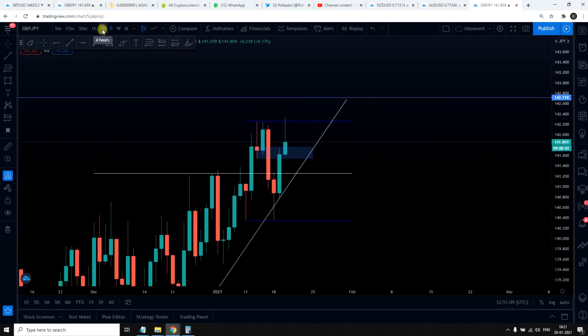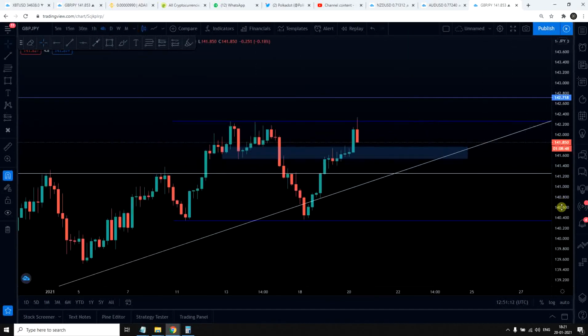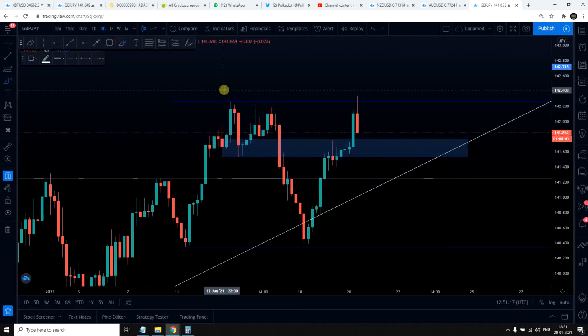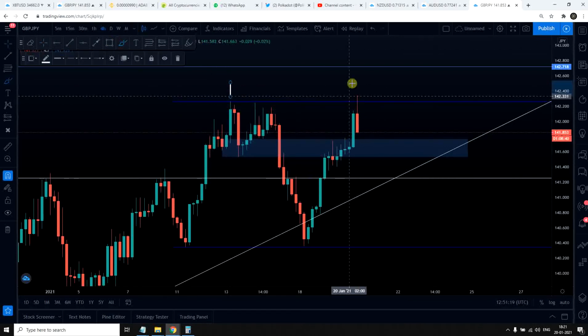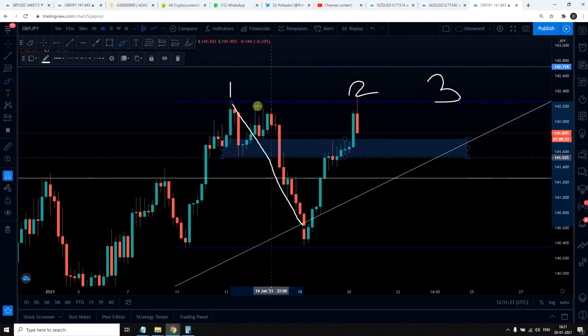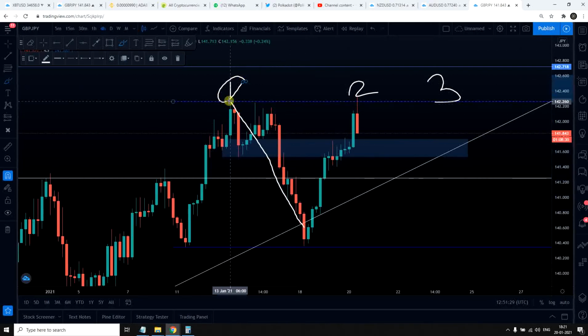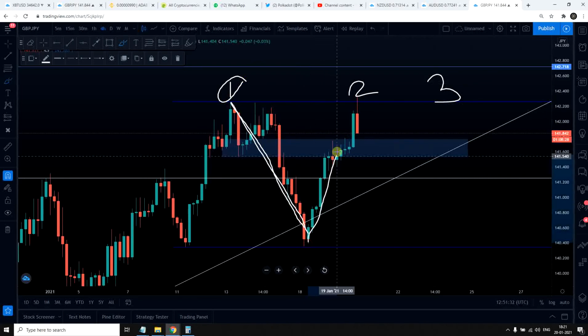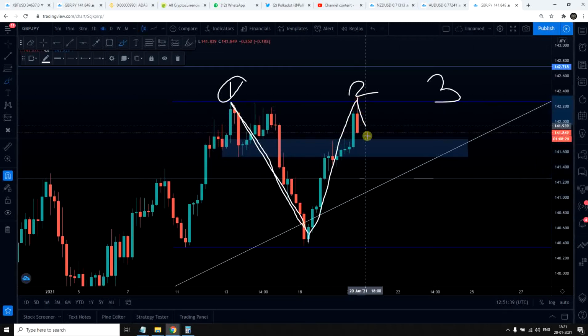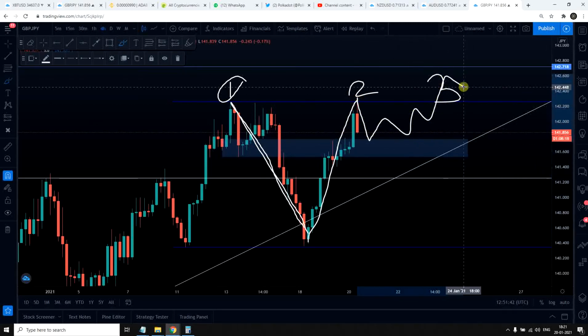Now moving to 4 hour, we have to check with the same thing. As everyone knows about the 1 tap, 2 tap and 3 tap technique, in which market basically makes a first high, after that gets corrected, and if we get a second tap, that is a confirmation, yes, that buyers are more active and market is going to be in a bullish direction.